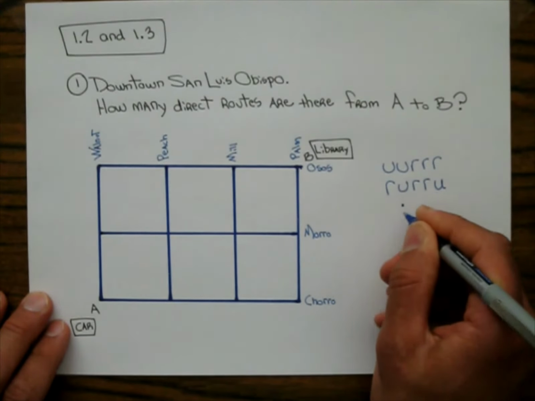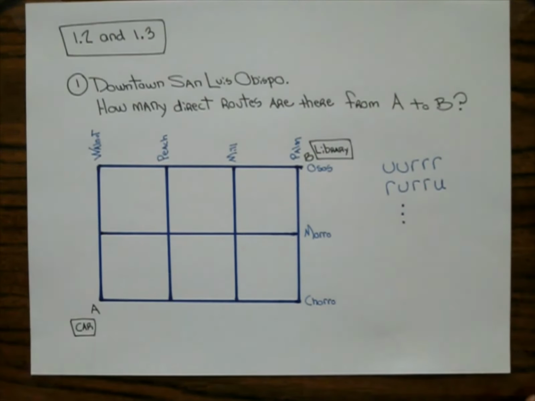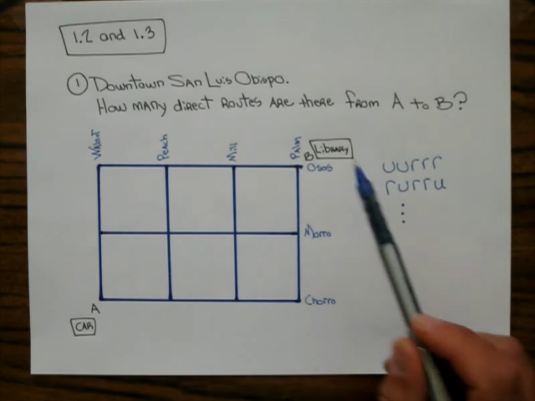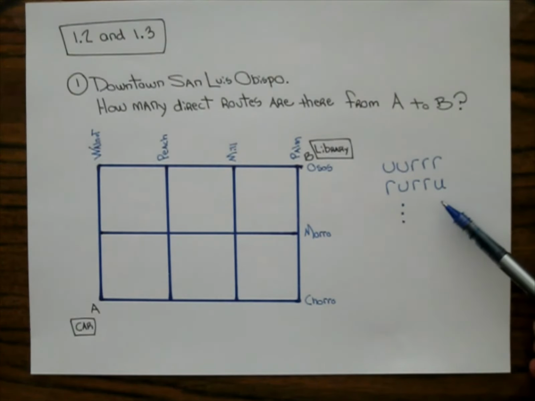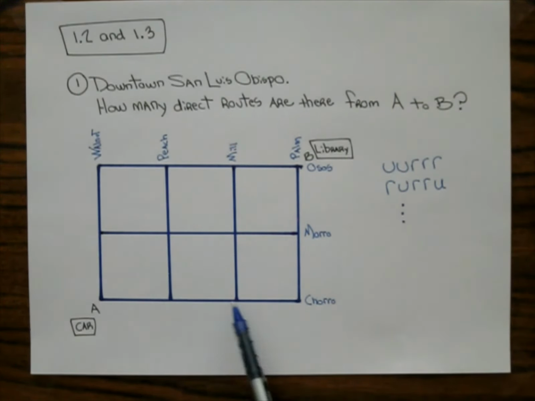And the list goes on. So maybe you can pause the video and see if you can figure out how many direct routes there are from A to B, and we know it's going to be probably more than two. So you could either list them all or just use your finger and count all the direct routes.